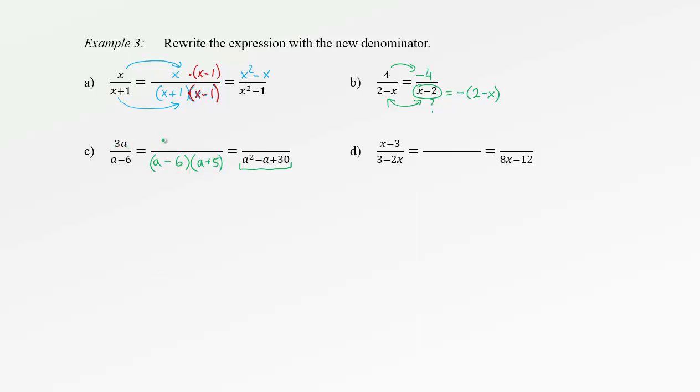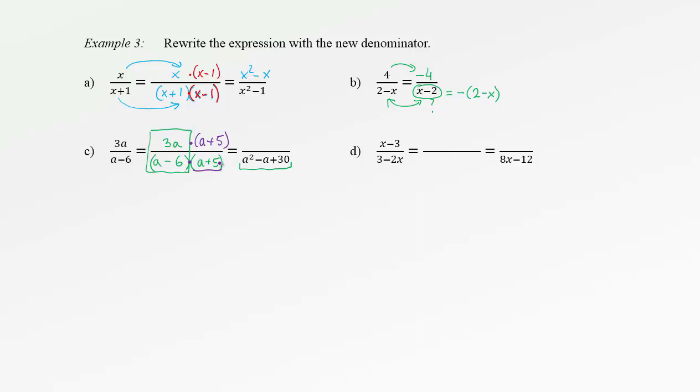Okay, let's copy the 3a. If you look at this part of the expression, that's exactly the same as what we had before. But then we wanted to multiply the denominator by an extra bracket, a plus 5. So in order to keep the overall fraction exactly the same, we have to multiply the numerator by the same a plus 5.